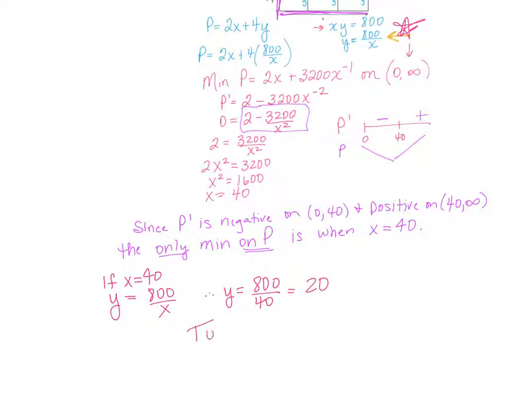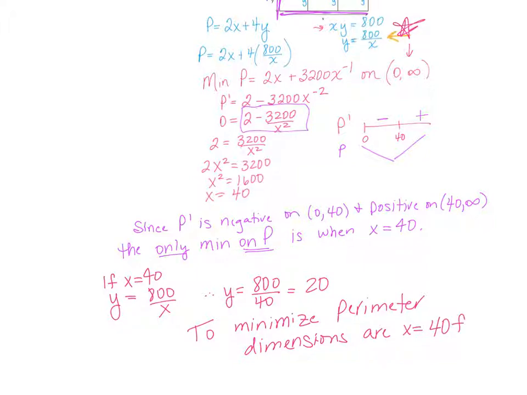So to minimize perimeter, the dimensions are x equals 40. What am I in, feet, I think, again?